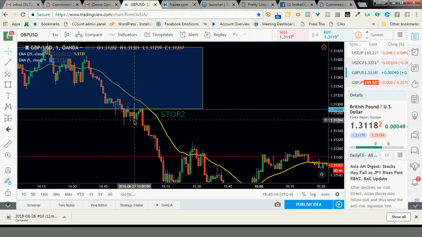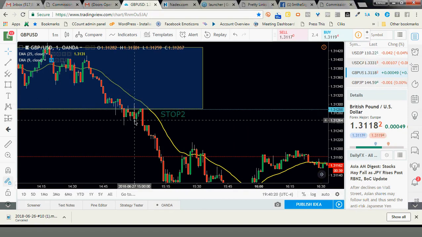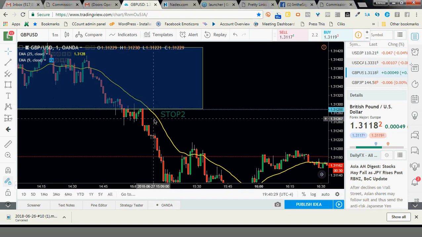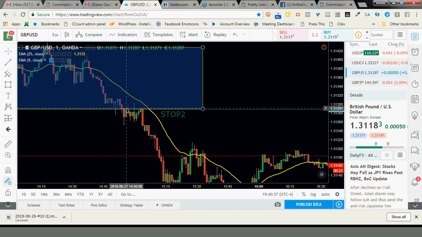A teaser breakout, the difference between the teaser breakout and the false breakout is that the teaser breakout usually extends a little further than the false breakout, because the false breakout, remember, our whole idea of using our price action says that a false breakout usually snaps back really quickly.